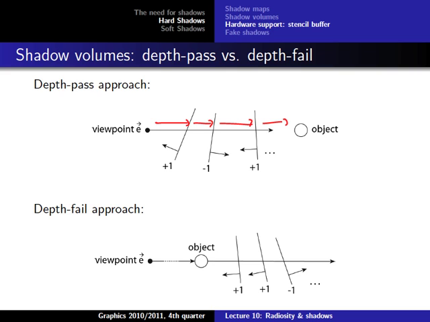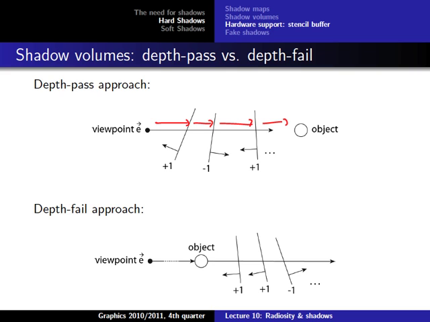But of course that only works if all the shadow volumes start in front of the camera. And if in the end we have entered more volumes than we left, then we know we're still inside of a volume, so we're inside of a shadow.